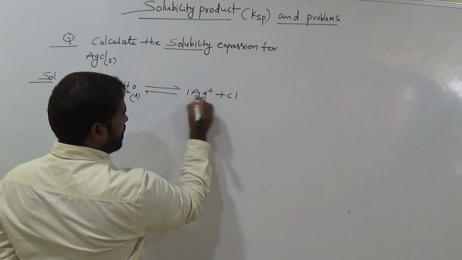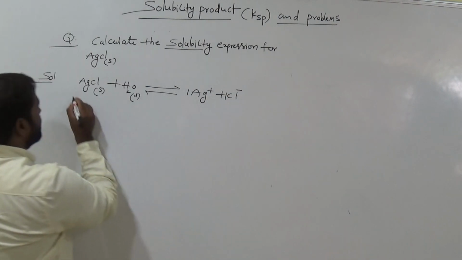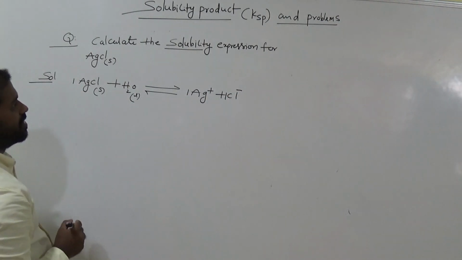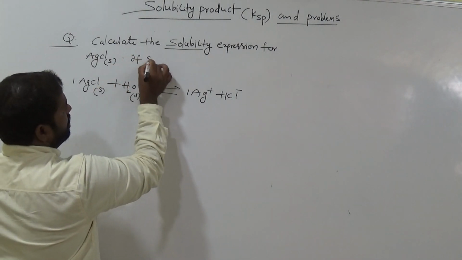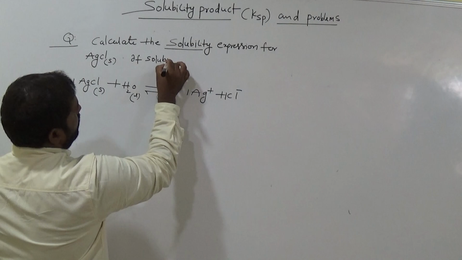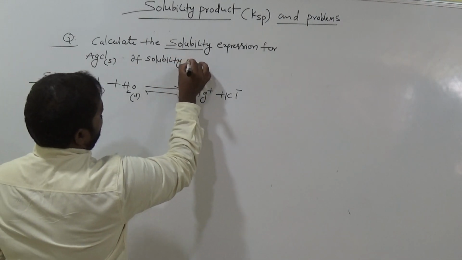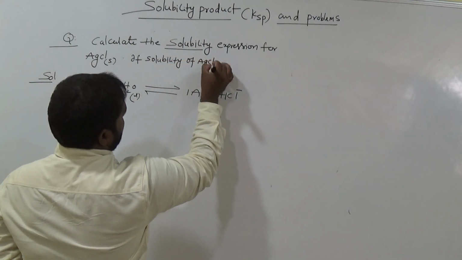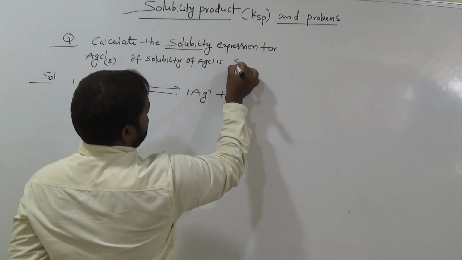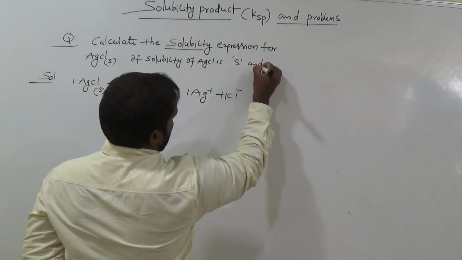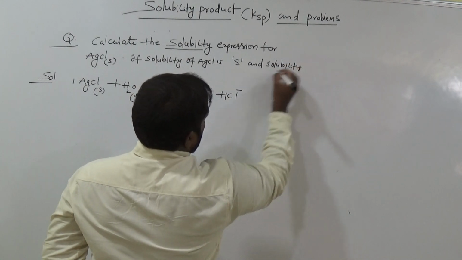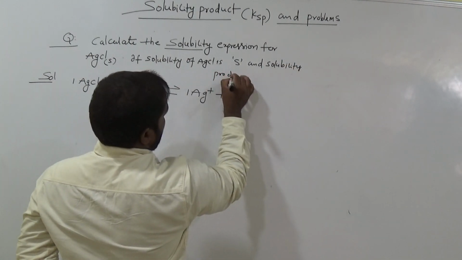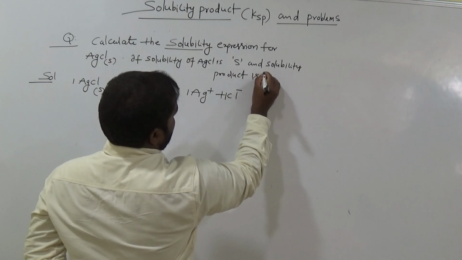Okay, add here, if solubility of AgCl is S and solubility product is Ksp.